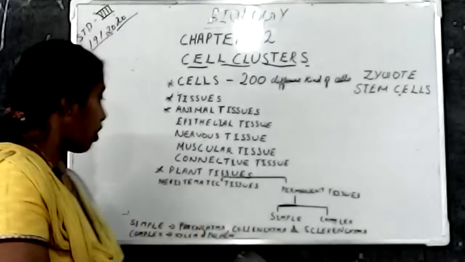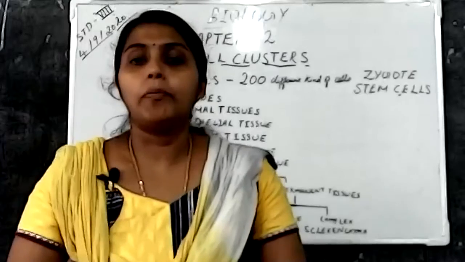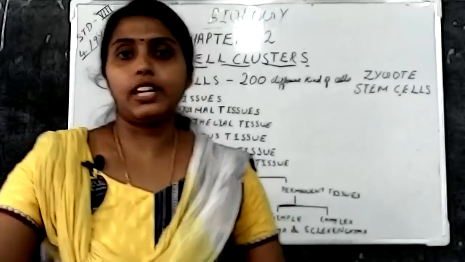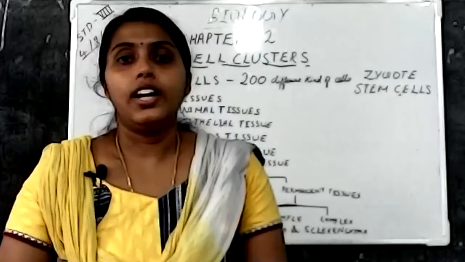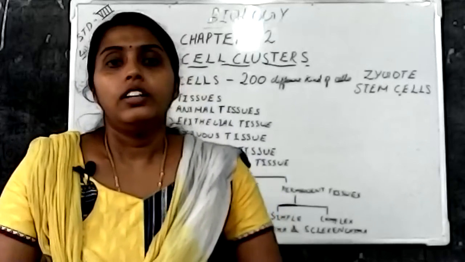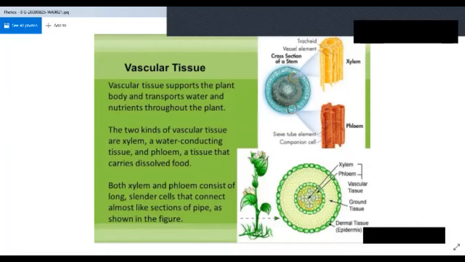Then about the complex tissues. There are two types of complex tissue, xylem and phloem. Complex tissues are also known as vascular tissues. Vascular tissue supports the plant body and transports water and nutrients throughout the plant.